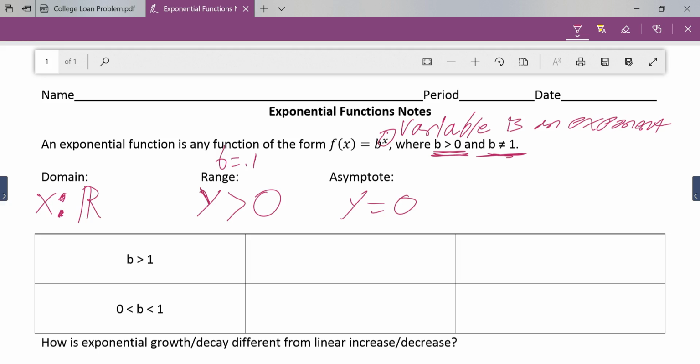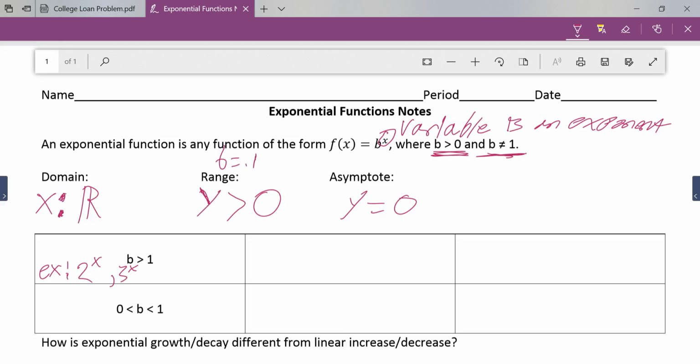So we have two different forms that this function takes. One of them is when b is greater than 1. Some examples are 2 to the x, maybe 3 to the x, and so on, where you're multiplying whatever you had previously by 2 or 3 and you're growing.